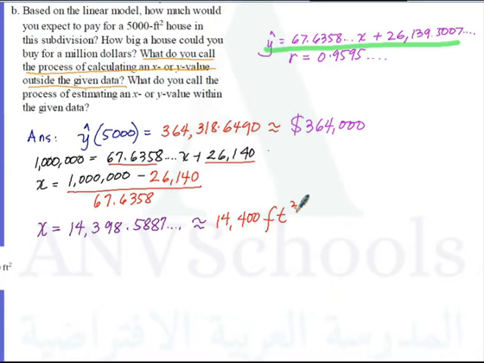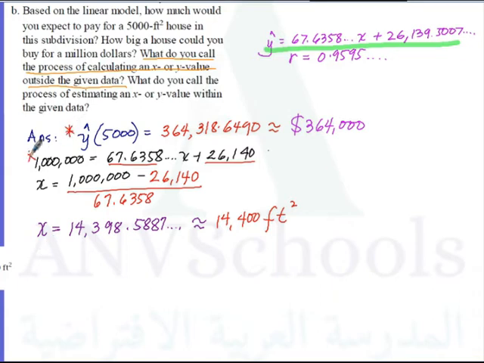Okay? So what do you call the process of calculating an x or y value outside the given data? We call it extrapolation. We have said it a number of times, right? And we have encountered it a number of times.